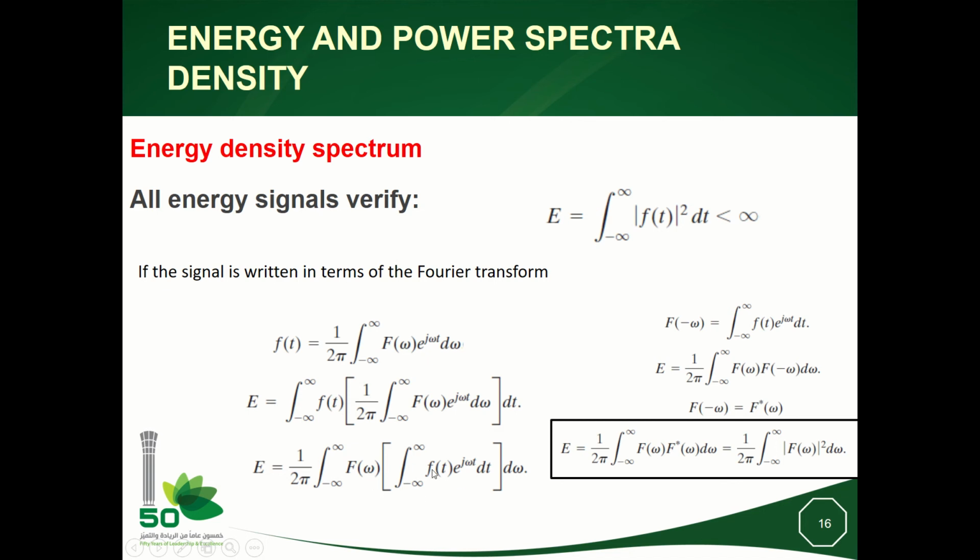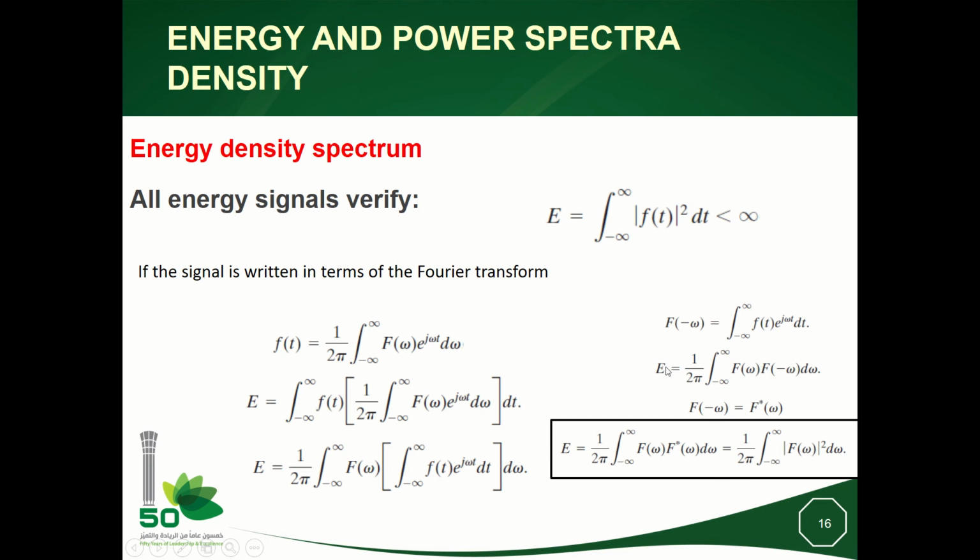But the term between brackets is nothing but F(minus omega), because this is the Fourier transform of f(t) when I replace omega by minus omega.